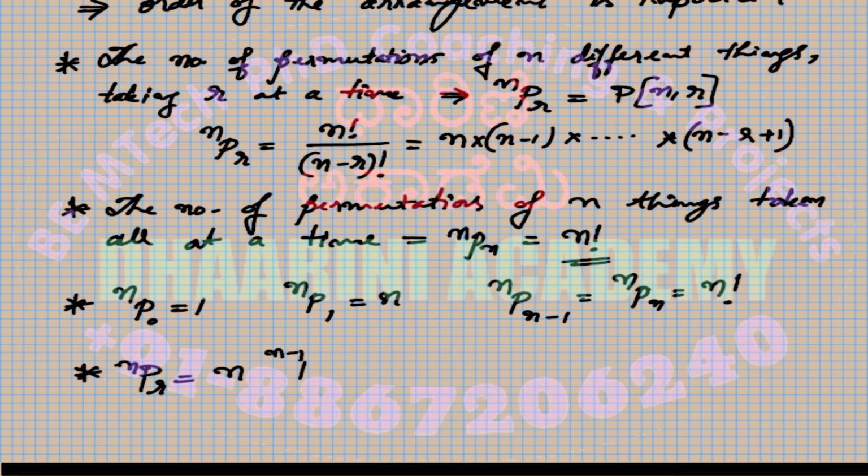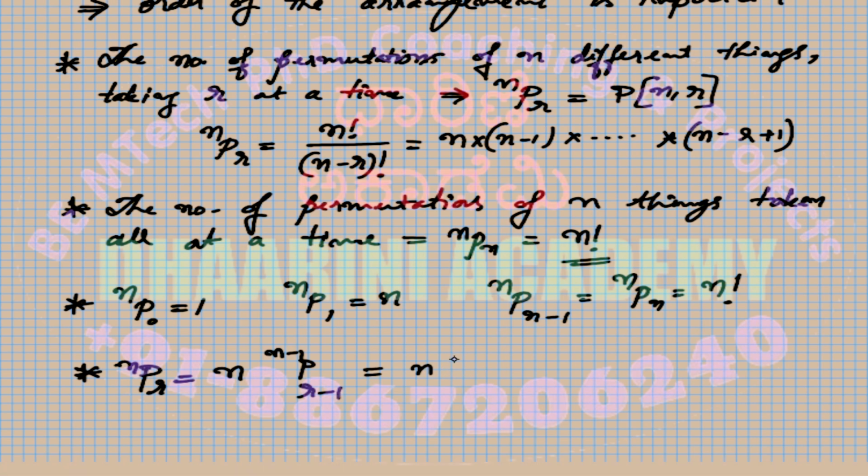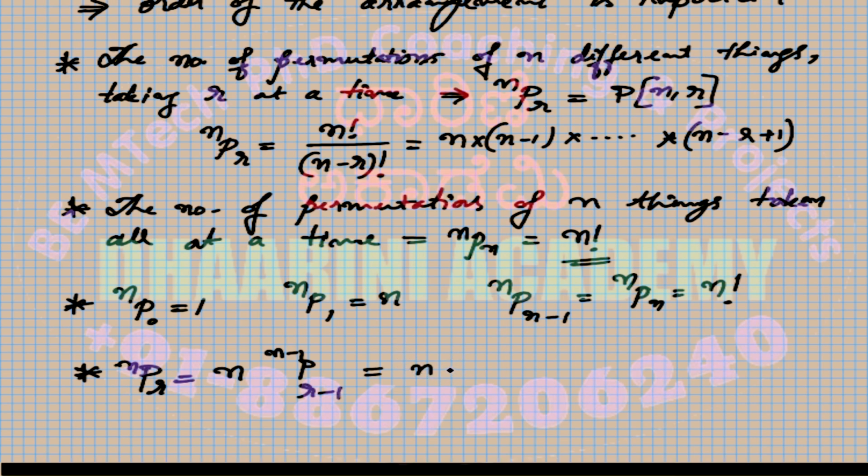I can rewrite this as n into (n minus 1) times (n minus 2)P(r minus 2).